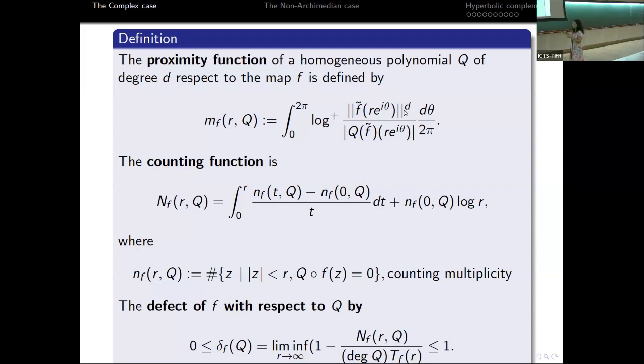And what is a counting function? The counting function counts how many zero points are in the disk of radius t. From these functions, the first main theorem says that the characteristic function equals the proximity function plus the counting function, plus a constant that does not depend on R.